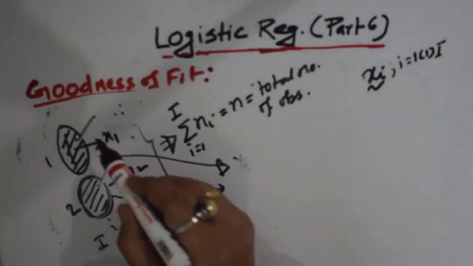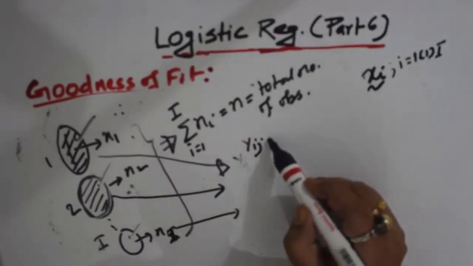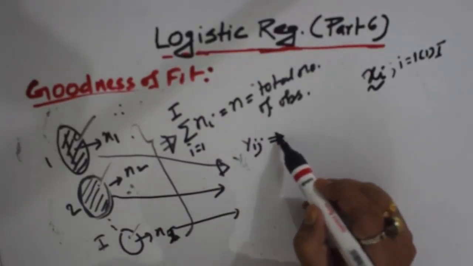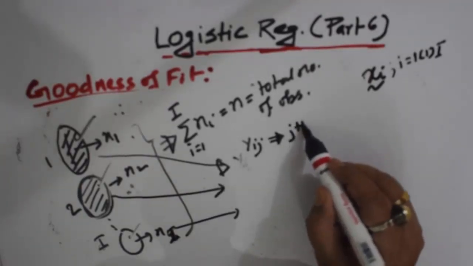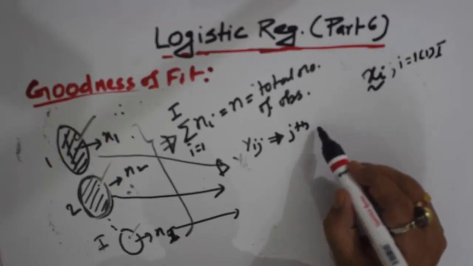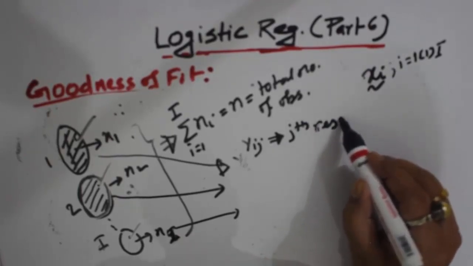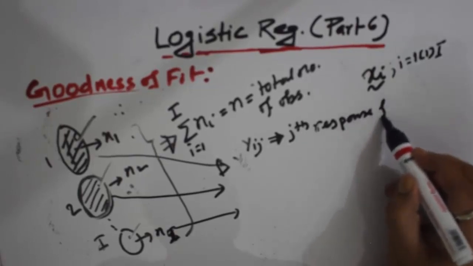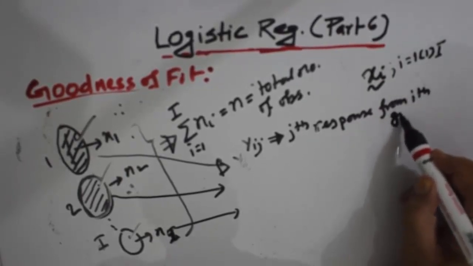Say yij is the jth response from the ith group.